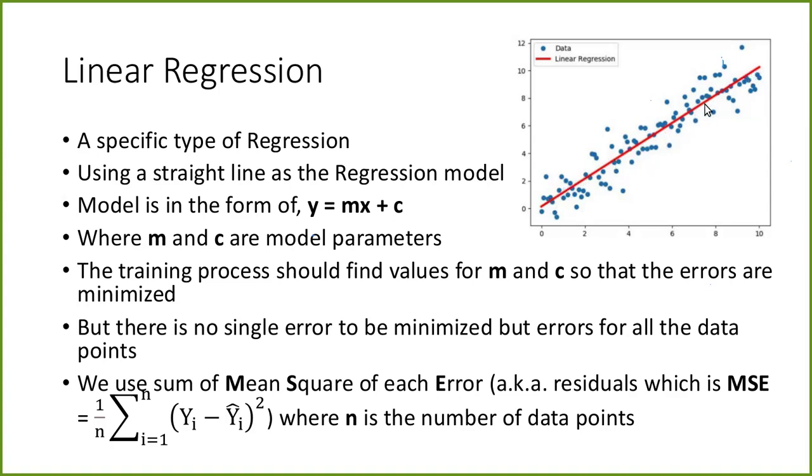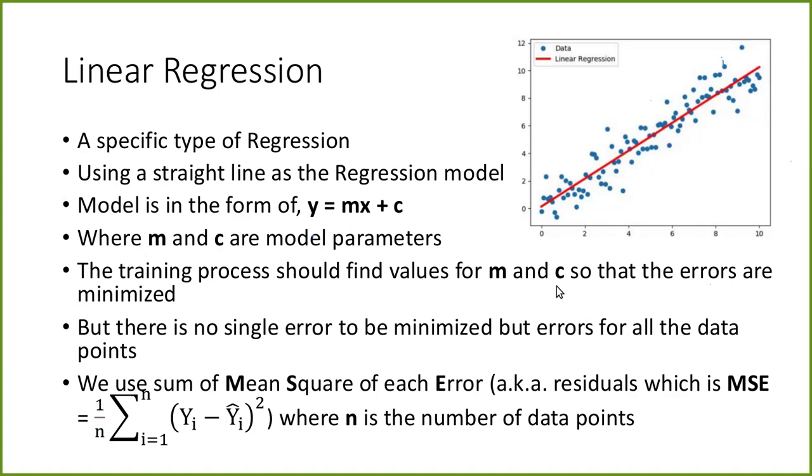You can say this straight line was found once you have found the values for m and c in this y equals mx plus c equation. Once you have found the values for m and c, you have trained the model. You have found the line in mathematical terms, or in machine learning terms, you have trained the model by finding the values for m and c. So m and c are the model parameters.